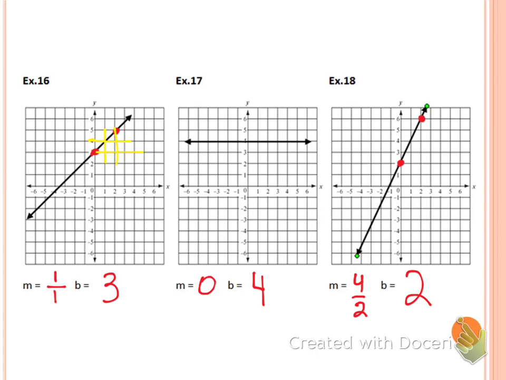So I would simplify that to be 2 over 1 or just 2 if you want to. Which is why I was saying there are other options. If we had used this point right next to it, it would have been 2 over 1. Alright, that is the end of our notes for today.